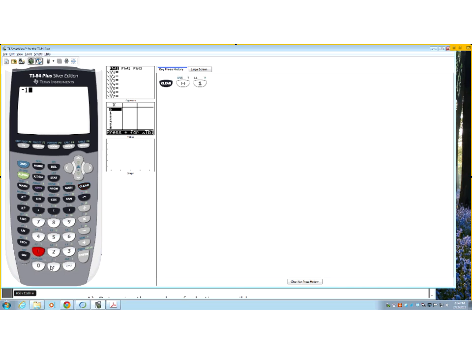I entered negative 150, and that was multiplied by the probability. I'm going to put parentheses around the probability, numerator and then denominator, and I think there were 4 zeros.